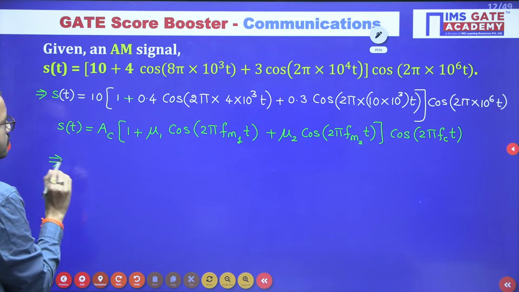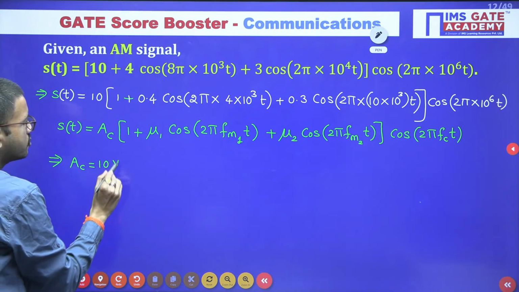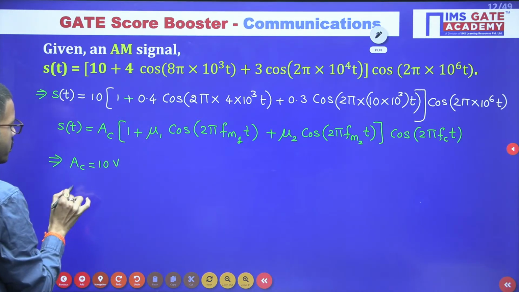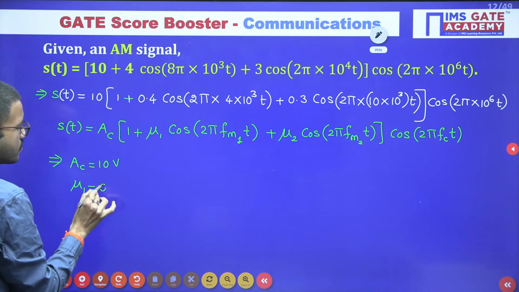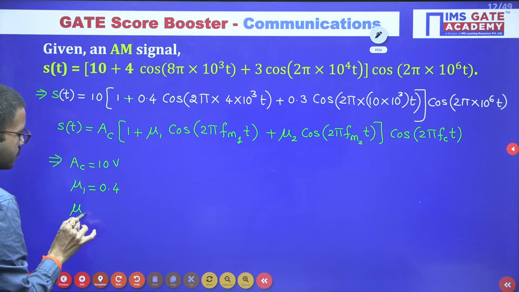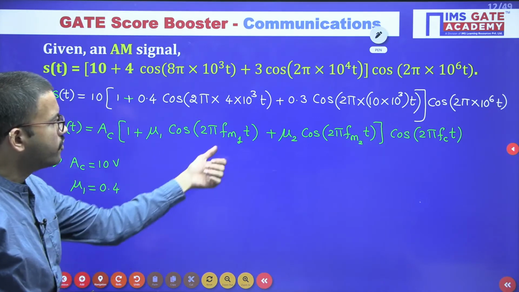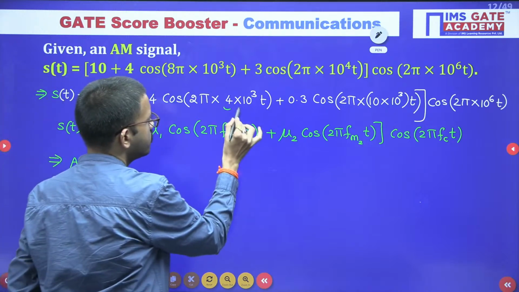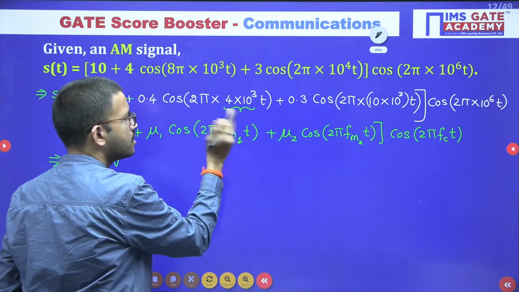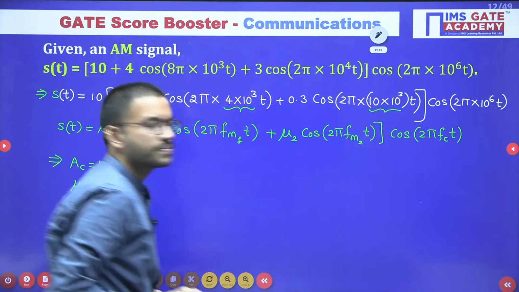From here you can write Ac equal to 10 volts, mu1 equal to 0.4, and similarly mu2 equal to 0.3. fm1 is the frequency of the message signal with respect to the first frequency, and fm2 is the second frequency.